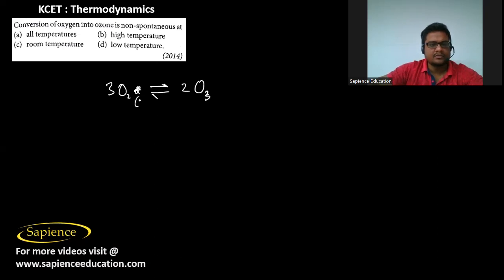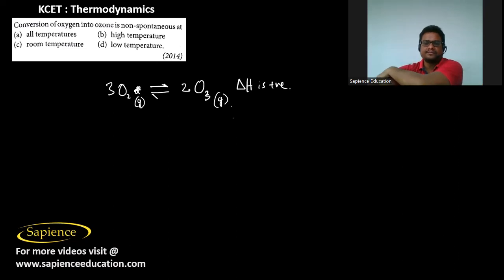So here 3 moles of O2 gas will form 2 moles of ozone gas. Here delta H, the change in enthalpy, is positive. And the change in entropy is negative.